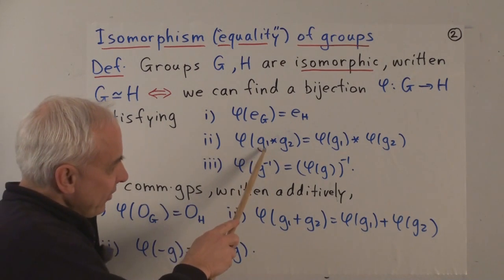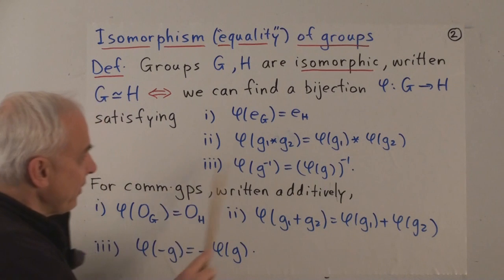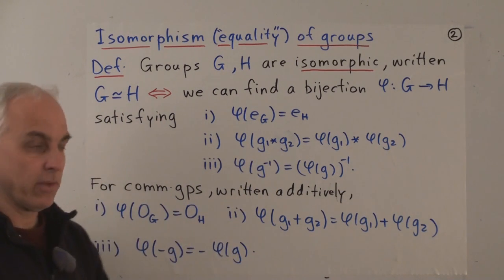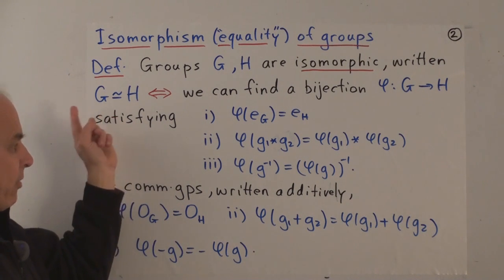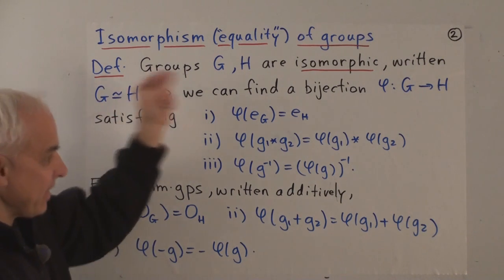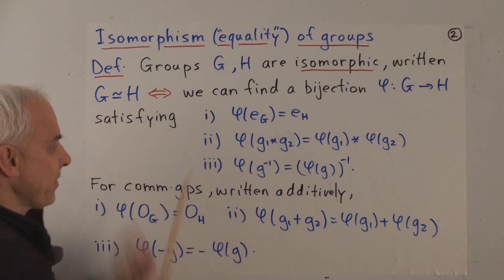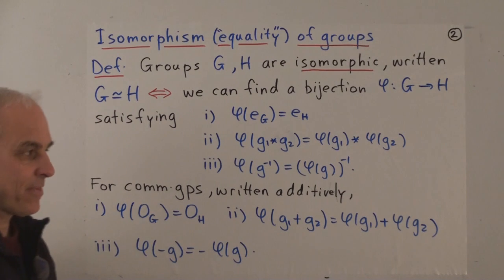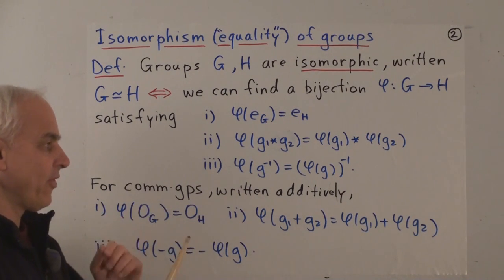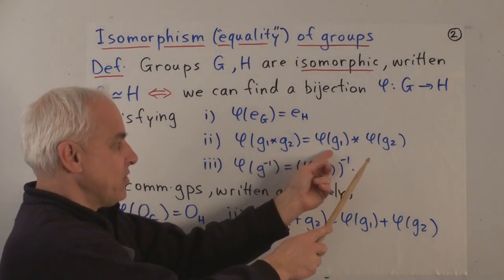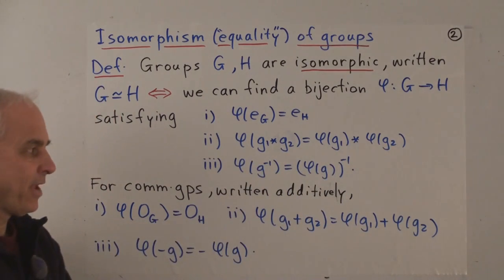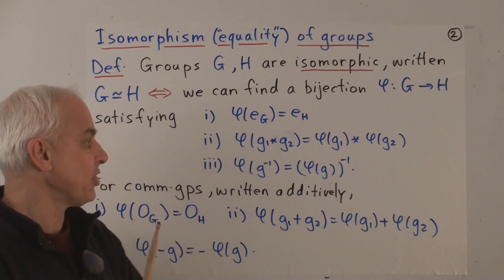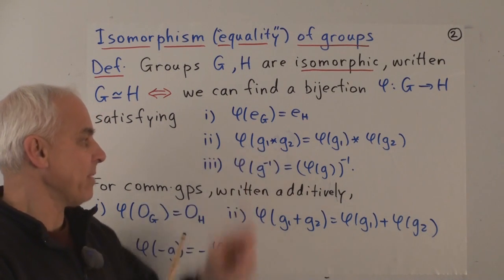Here g1 star g2 refers to the product of two elements in G. We're saying that if we take the image of that product, then what we get is the product of the images. If we look at where g1 goes and where g2 goes, they go to phi(g1) and phi(g2), which are two elements in H. When we multiply them, we should get phi of g1 star g2.